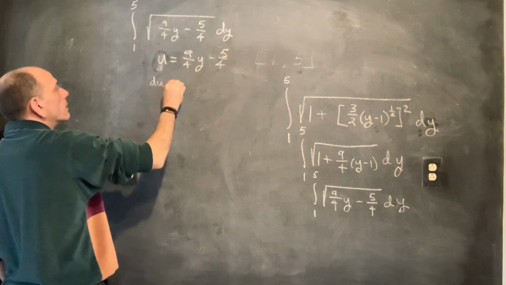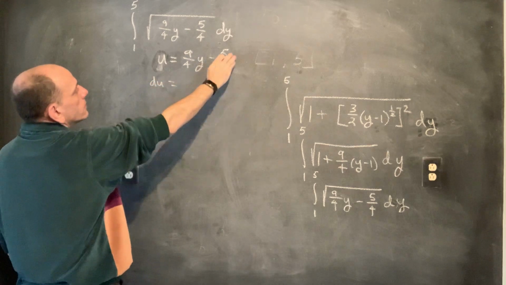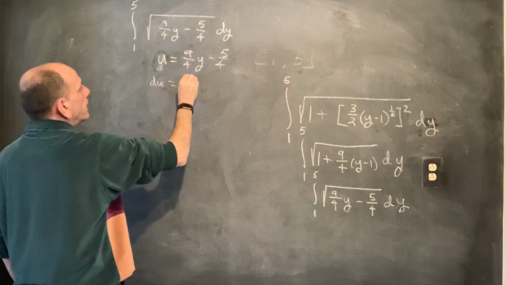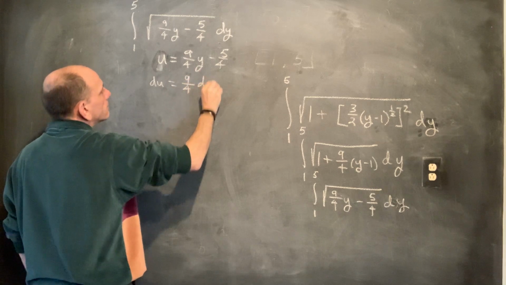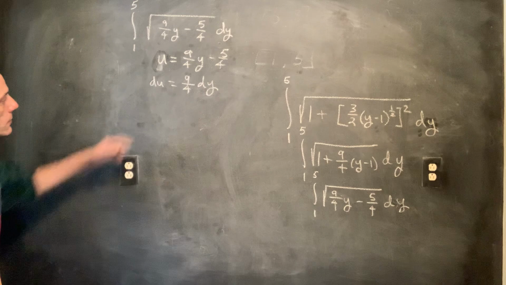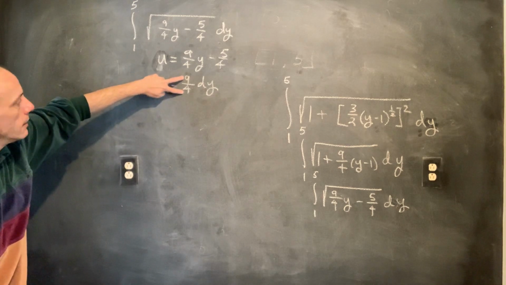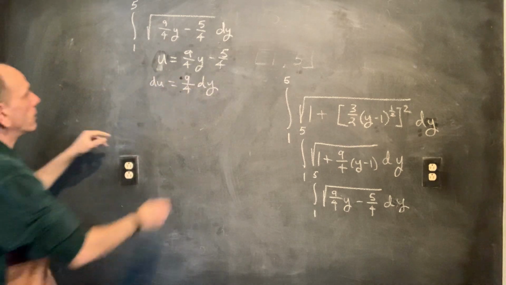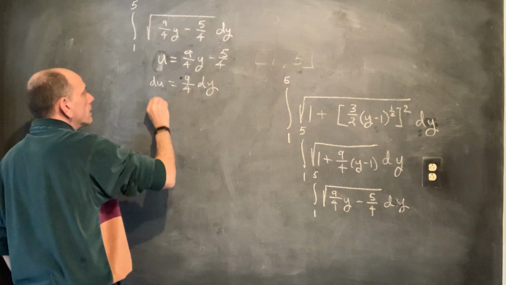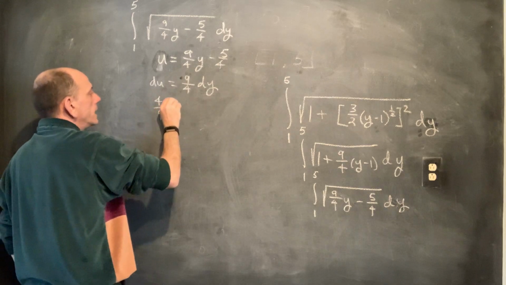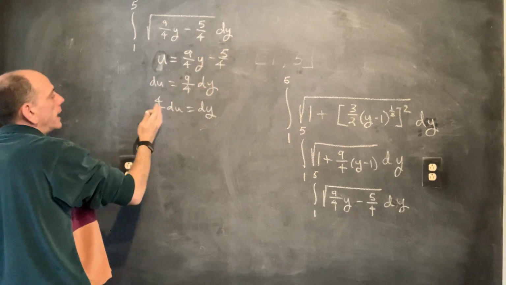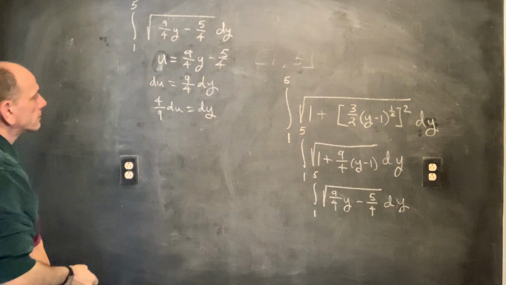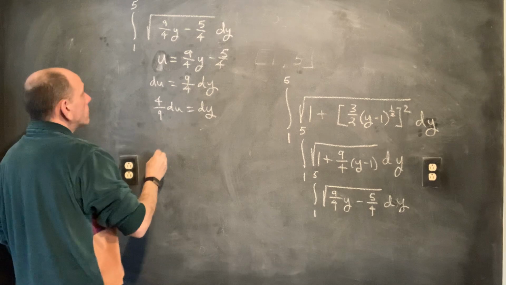So du, the derivative of a constant is just 0, it's just 9/4 dy. This constant never bothers me. It's just 4/9, and I can pull it outside when I sub for this dy. So 4/9 du is dy, and I can pull that outside.